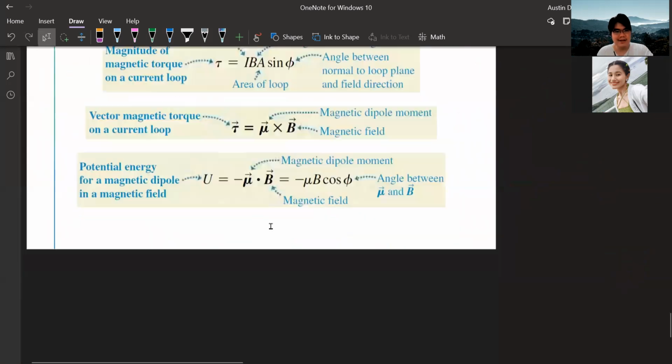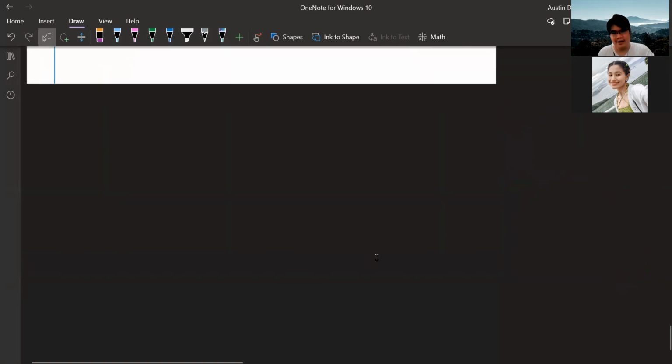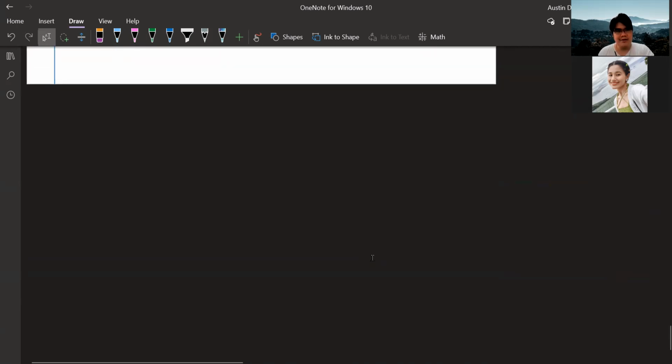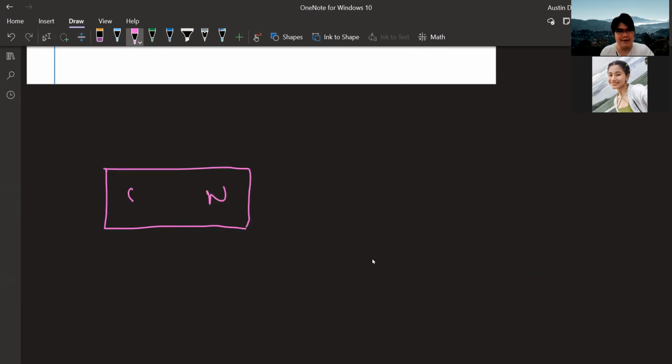Okay. Let's try another example, if you would say so. Pero ito ay real life example lang naman ng mga bagay-bagay natin. So suppose you have a magnet. You have a magnet. North, you have a south. Okay.